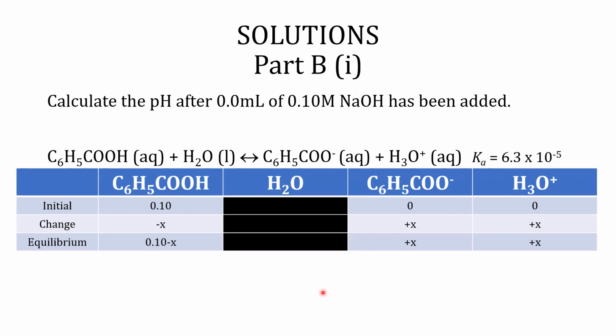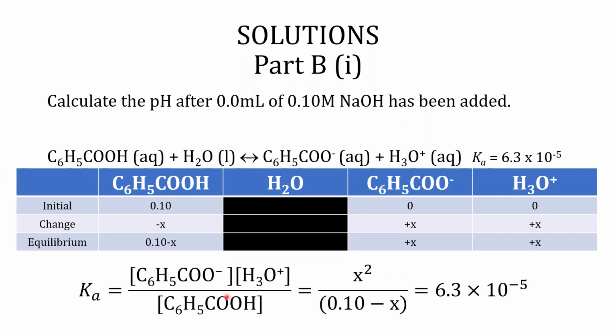The equilibrium expression is the concentration of C6H5COO minus times H3O plus over the concentration of C6H5COOH equals X squared divided by 0.10 minus X equals 6.3 times 10 to the minus 5.